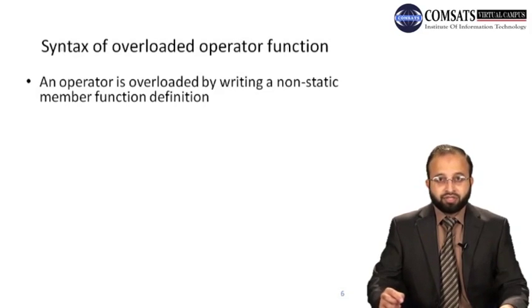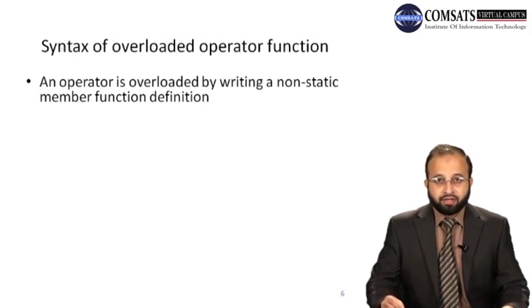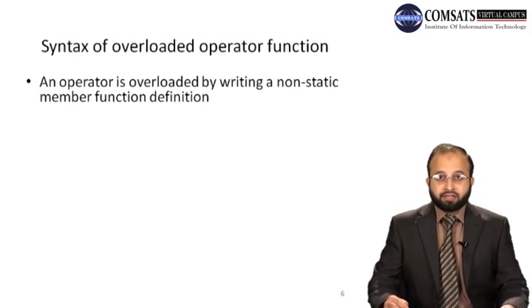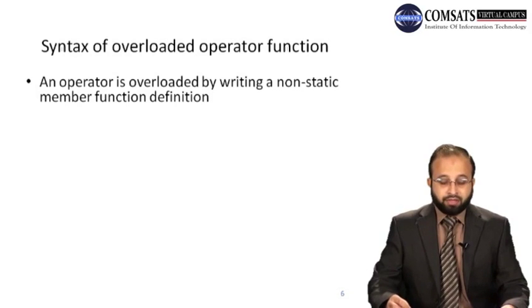Similarly, if you write plus plus C2, C2 is the object of counter class, and in this statement C2 is the invoking object that invokes that routine that is present in the counter class for the plus plus operator, right?